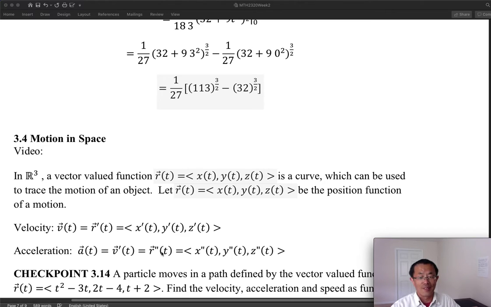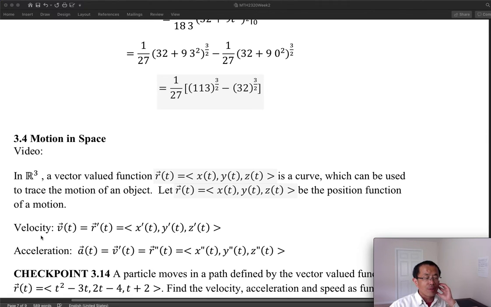This should be very simple: if you have a position function, you can figure out the velocity by taking the derivative of the position, and the second-order derivative of the position gives the acceleration.